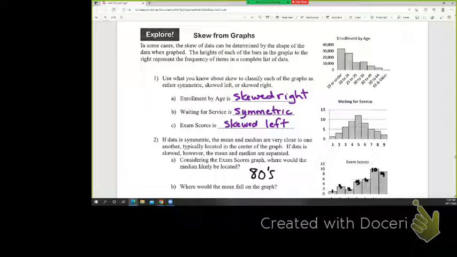Half the people scored less. But the mean, now we don't have exact numbers for these things, right? The mean is actually going to get pulled down and would be like in the 70s, maybe upper 60s even, if we actually tried to do the math.